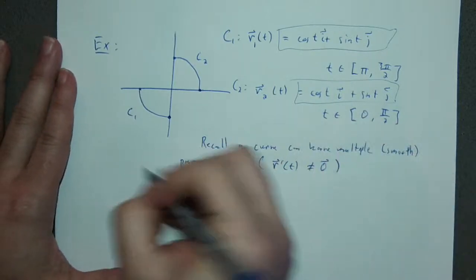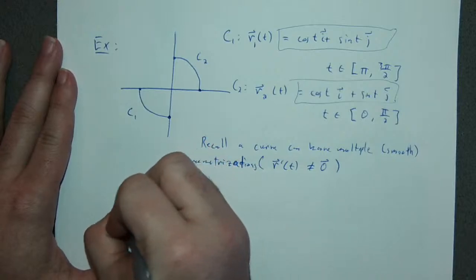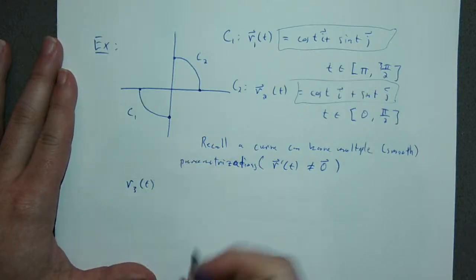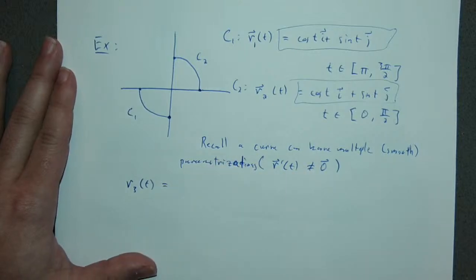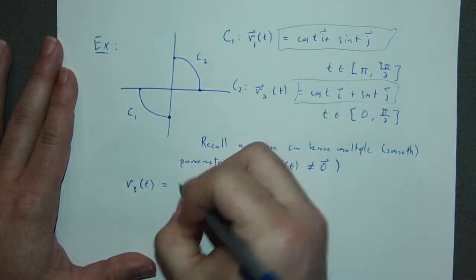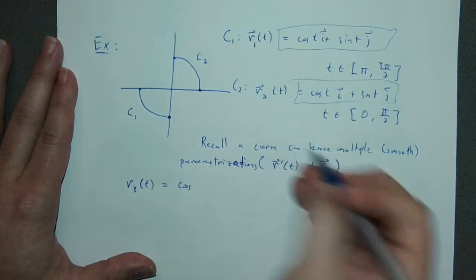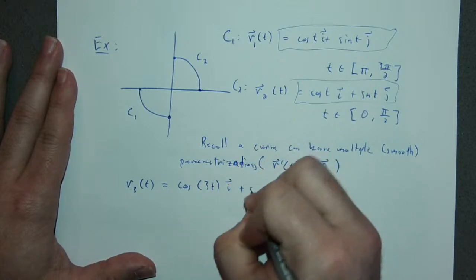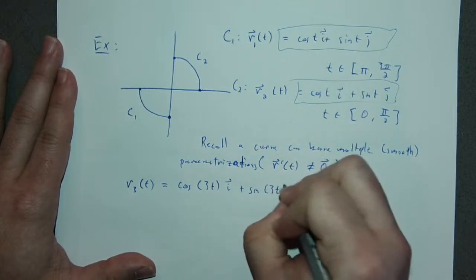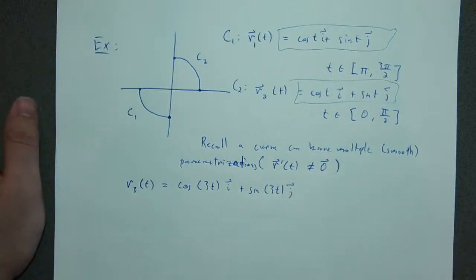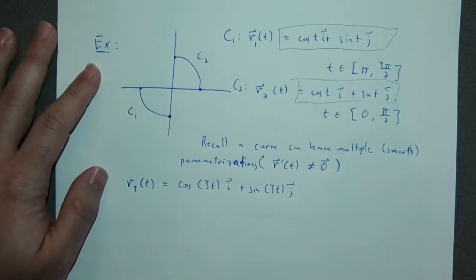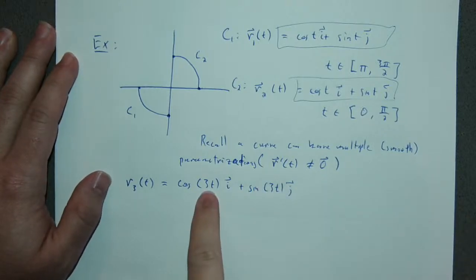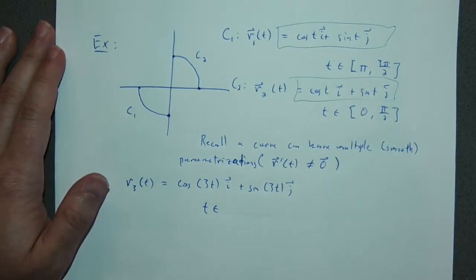So an example of another parameterization of C1 is to take r sub 3 of t to be cosine of 3t i plus sine of 3t j. Okay, where t is, well, this thing we know is actually going 3 times as fast, right?